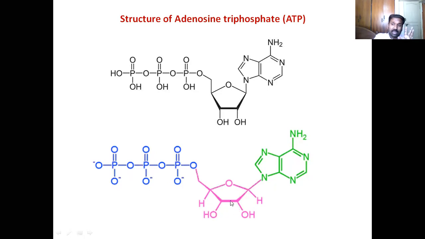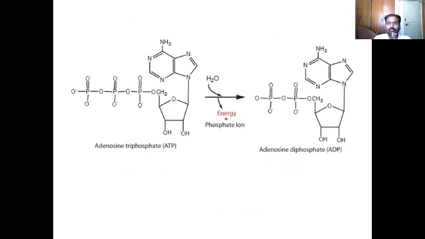That will be your deoxyribose, and that is found in DNA. In RNA, this is the structure that's found. Two hydroxyl groups are still there. Adenosine triphosphate. Please practice writing this structure because, as I told you, one or the other question will always be linked to the structure of ATP.